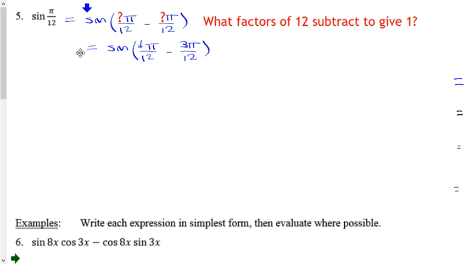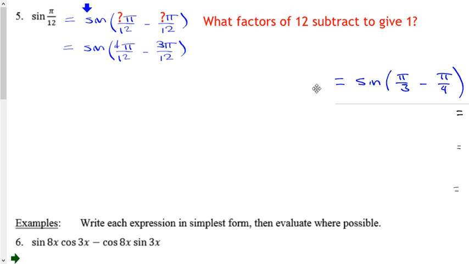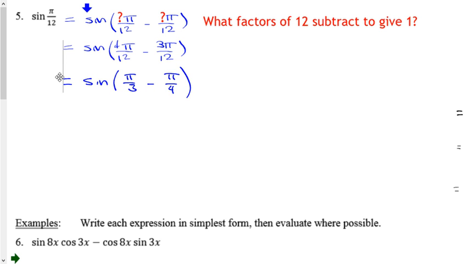Well, here's one possibility, 4 and 3. 4 pi by 12 minus 3 pi by 12 will give me a pi by 12. The value of choosing these numbers is that 4 and 12 have common factors, so they can be reduced. And I can reduce it to a pi by 3. Similarly, the 3 pi by 12 I can reduce to a pi by 4.